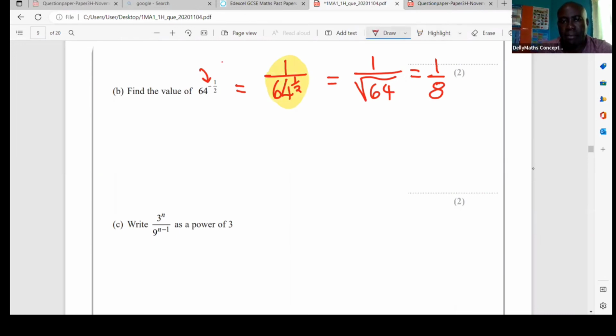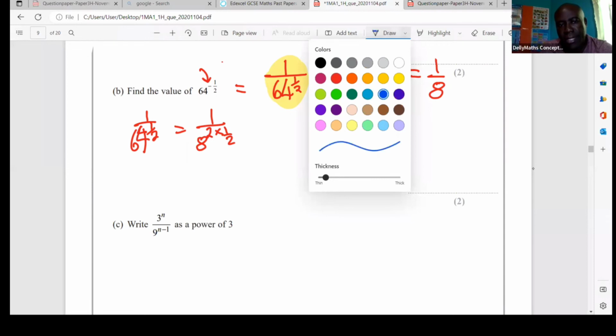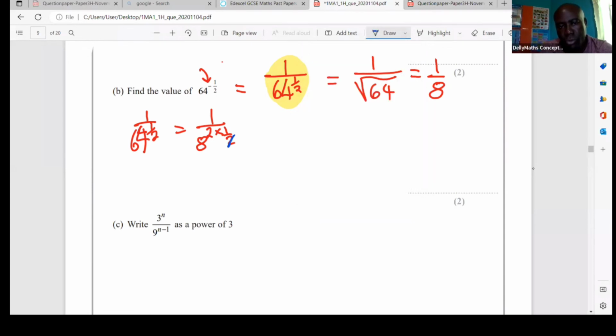So basically then, having had 1 over 64, the half power of 64, can be written as 1 over 8 to the second times a half. So here we could cancel a half, the 2, 1, 2 into 2, 1, and we're left with 1 at the top with 8 at the bottom. We'll get the same thing.